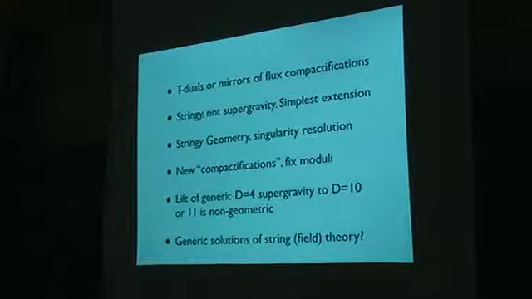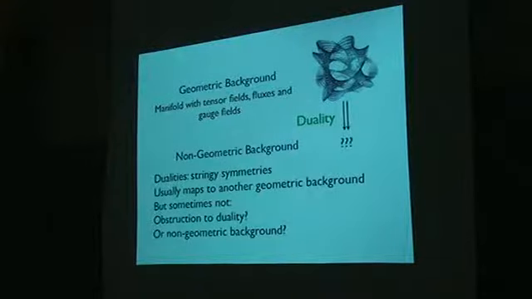And in fact, generic solutions of string theory appear to be of this kind, so that maybe the kinds of things we've been looking at for the supergravity solutions are just perhaps the tip of the iceberg. So the idea is, if we start off with a geometric background, which is a manifold equipped with various tensor fields, fluxes, and gauge fields, and perform a duality, and in the context of this talk I'll be talking about T-dualities only, then it can give rise to a non-geometric background.